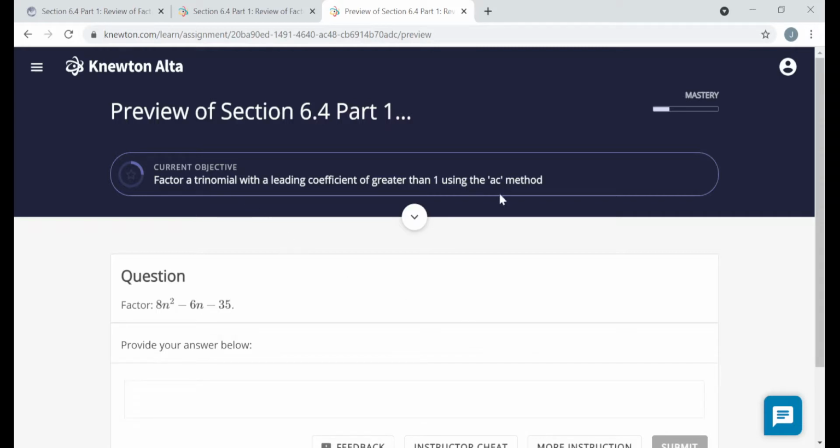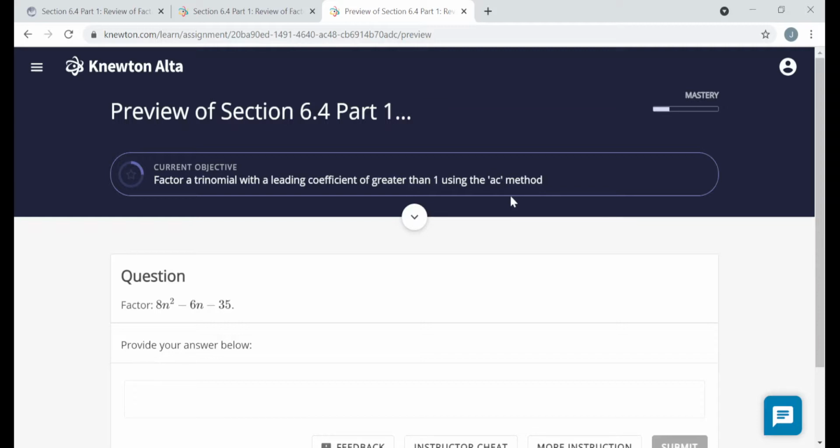Now again, you can use the AC method for all of these quadratic trinomials, ax squared plus bx plus c, right? You can use this AC method for all of these if you want, not just when they're telling you to.